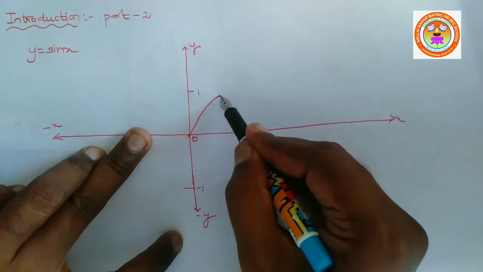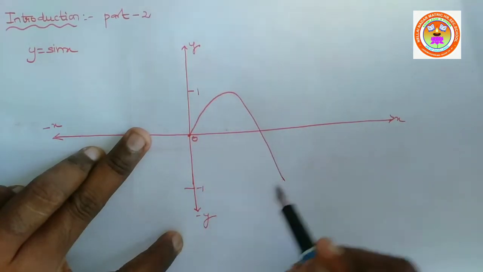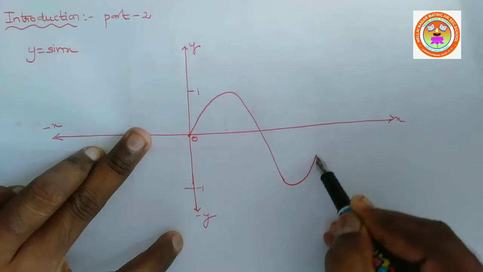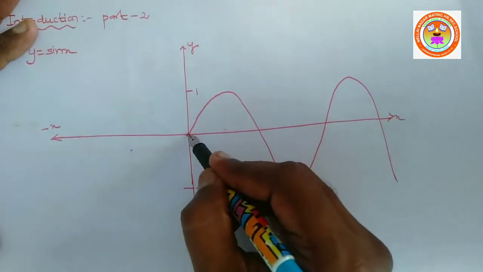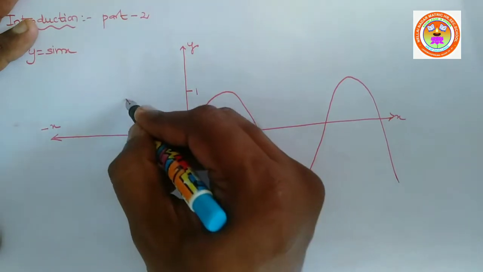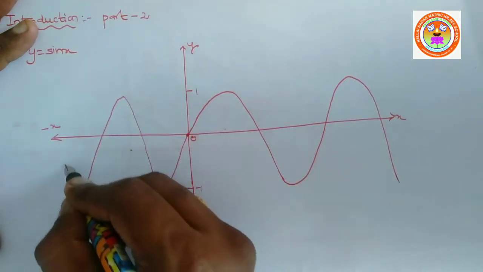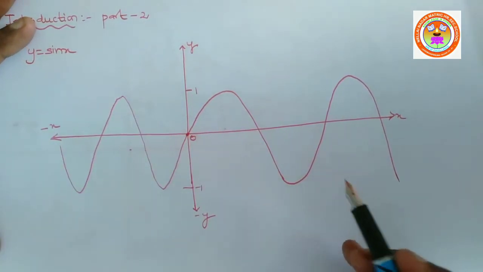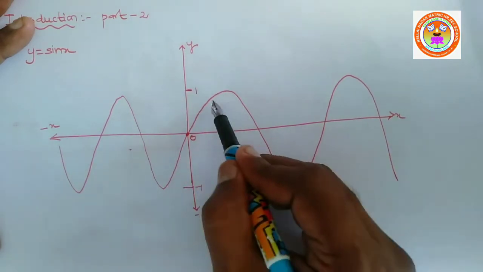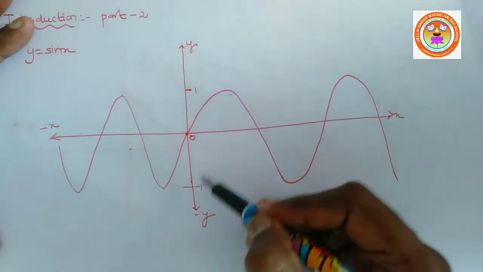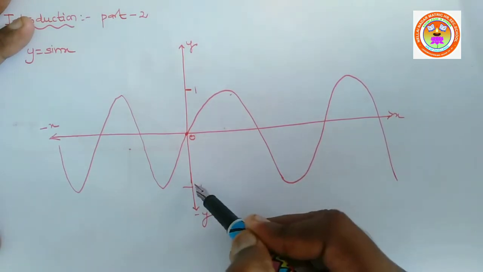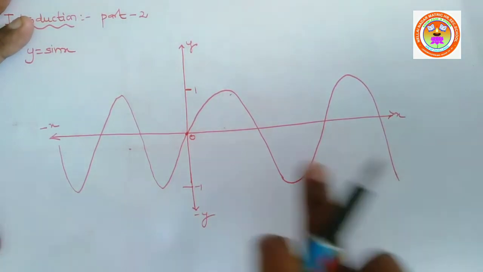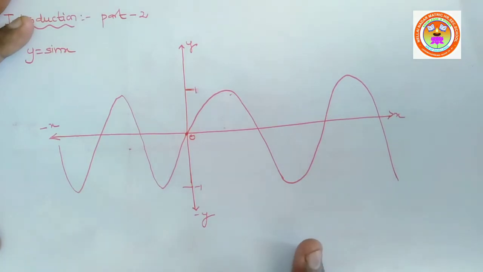The curve goes up, then goes down to minus 1, and the same here also. This curve will not move beyond 1 on this side, and on this side it will not move beyond minus 1. It lies between 1 and minus 1. This is the curve.